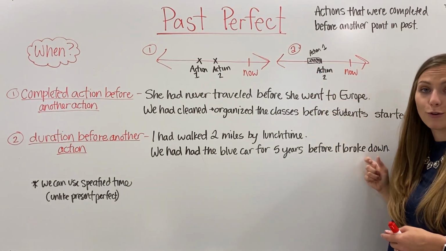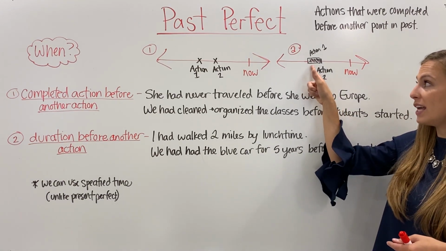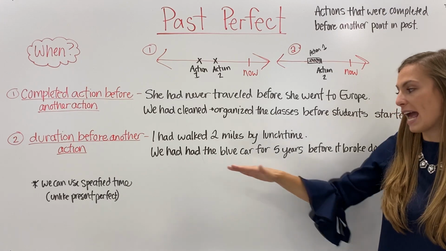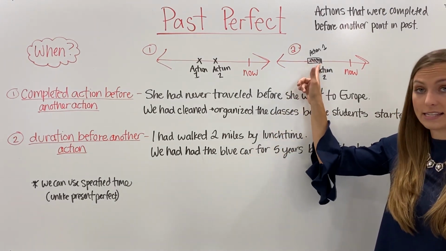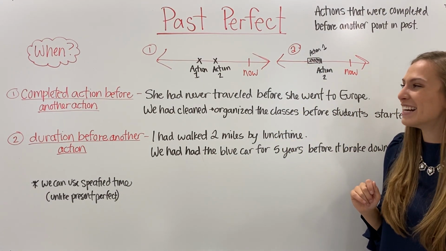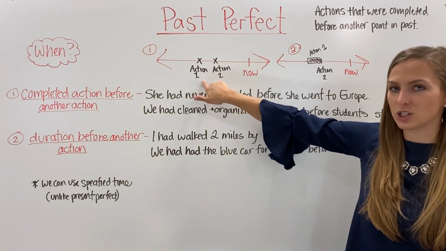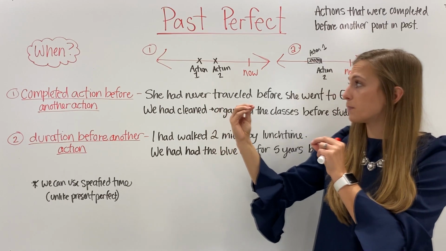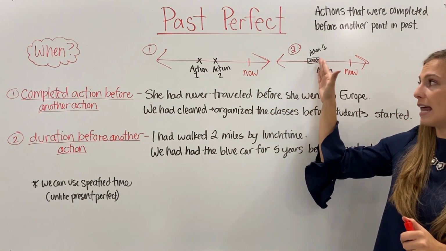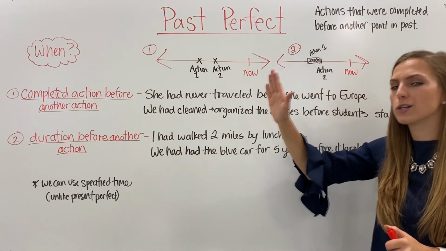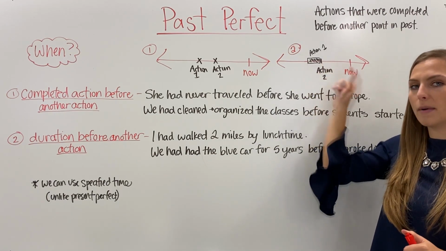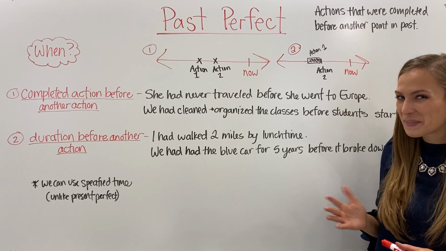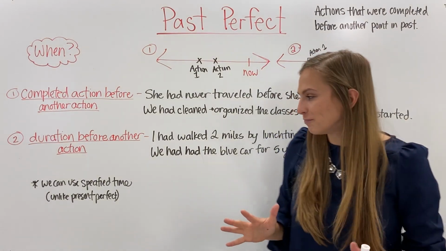But it broke down eventually. So when it broke down, of course, we don't have it anymore. We had it until this second action. All right? So we can either have 2 actions in the past that are separate, or we have an action that continues for a duration until a second action happens. All right? Hopefully that is clear for you.